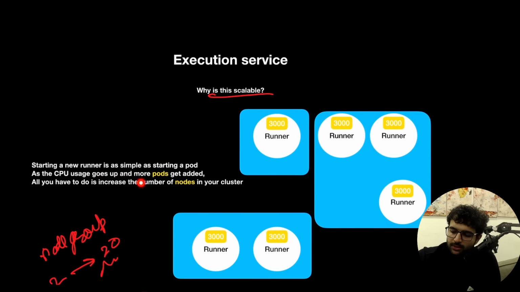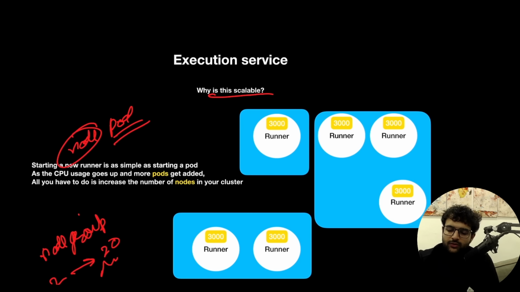As the CPU usage goes up, more pods get started. All you have to do is increase the number of nodes in your cluster, which also you don't have to do manually. You can just tell AWS, please go from here to here. And all you have to do is start pods, basically. Node autoscaling up and down happens by itself. I hope you understand the difference between a node and a pod now. Pods is what you need to start. Increasing the number of nodes, decreasing the number of nodes can be delegated to AWS or whatever cloud provider you're using.